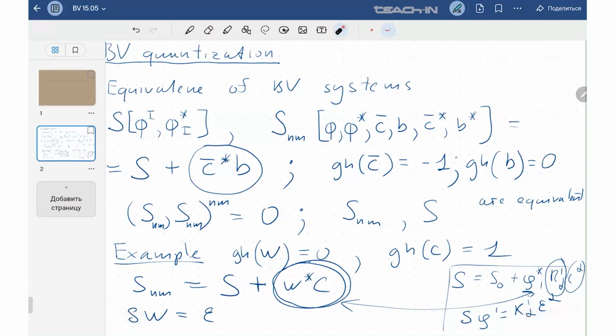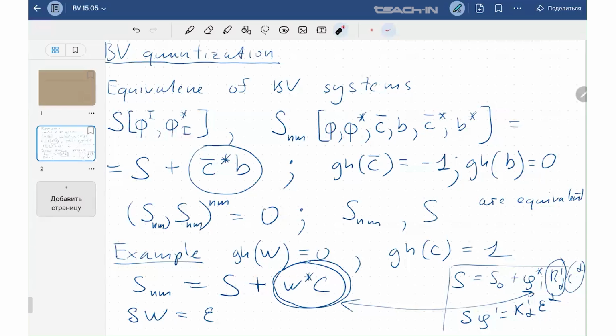In a similar way, one can consider such trivial terms of different degrees. You can consider it as an exercise to find an example, for instance, of a term related to gauge for gauge symmetries. But what is important is, for instance, that such BV systems should be considered physically equivalent.